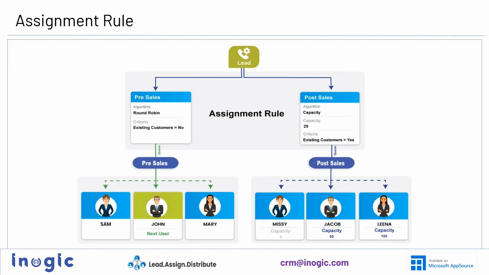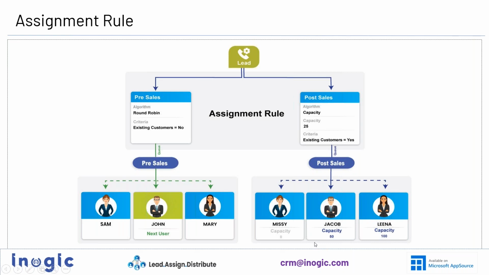Now, if the new lead is assigned to him, 25 units from his available capacity will be reduced, and he would be left with only 25 units. The next lead will be assigned to Lena. Currently, she has an available capacity of 100. Once the lead is assigned to Lena, 25 units from her available capacity will be reduced, and Lena would be left with 75 units of capacity.